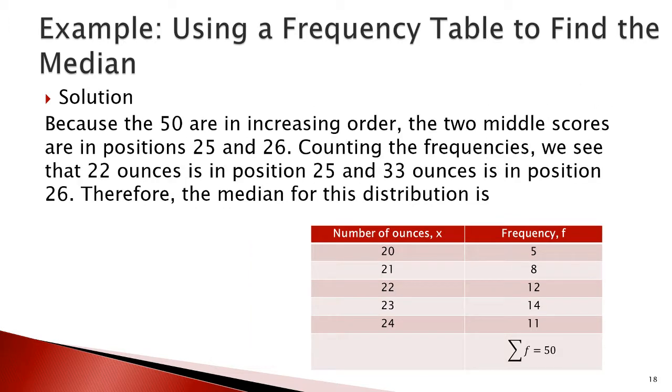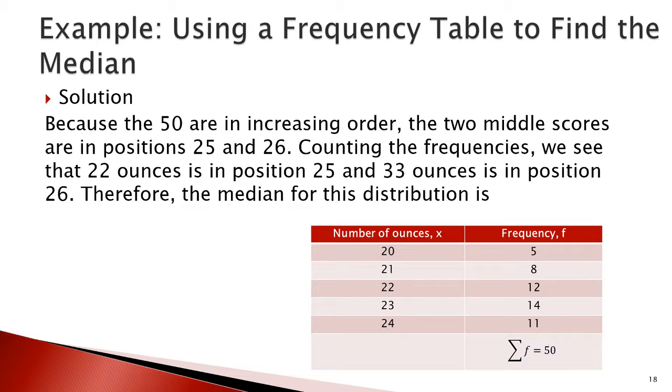Since there is an even number of observations, we are going to take the mean of the middle two values. The middle two values are in positions 25 and 26.